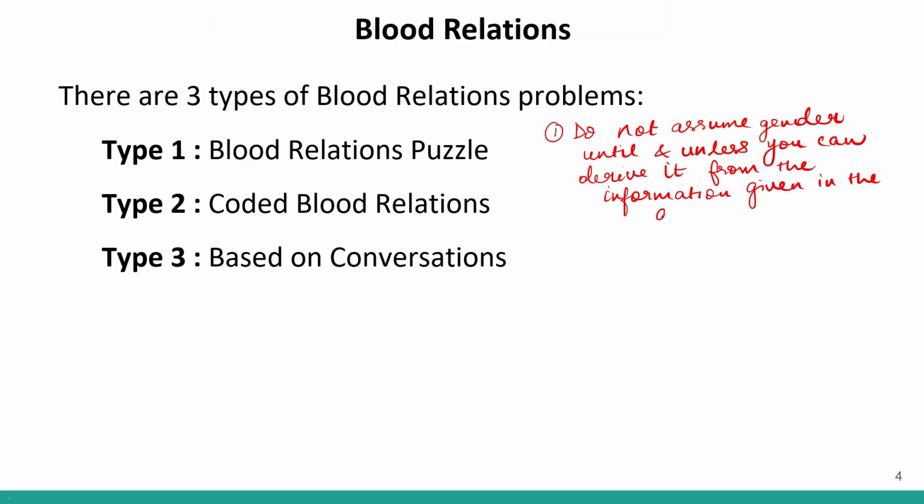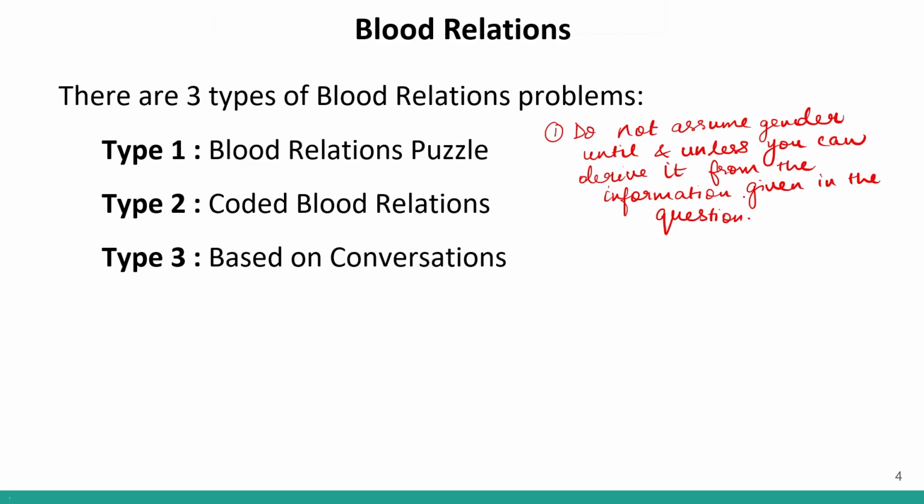So this is your first point. You should never ever assume the gender of a person unless it is specified in the question, or you can derive it from the information. Because sometimes what happens is Lalita is given as a name. In general, Lalita is a female name.